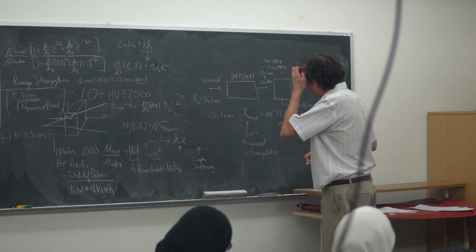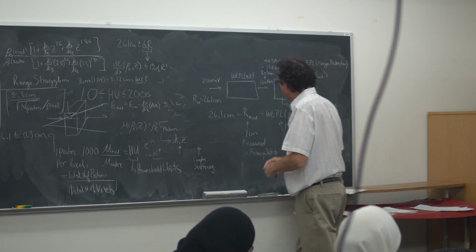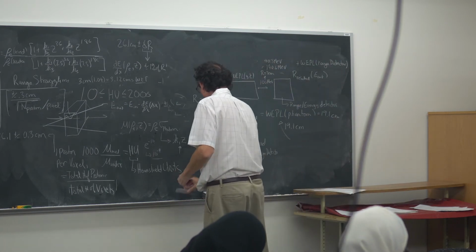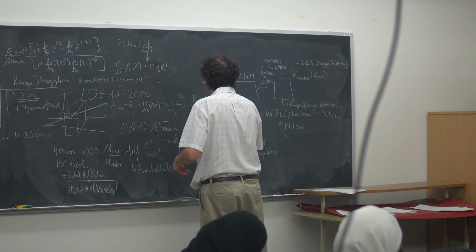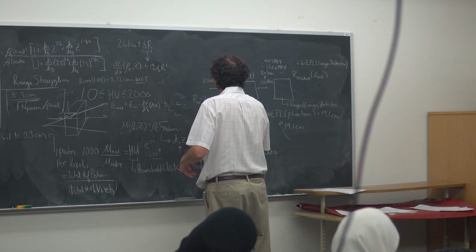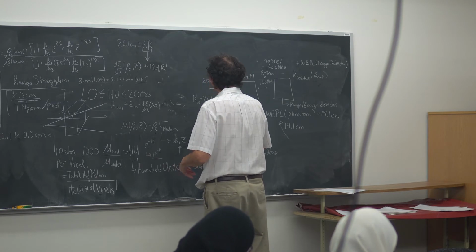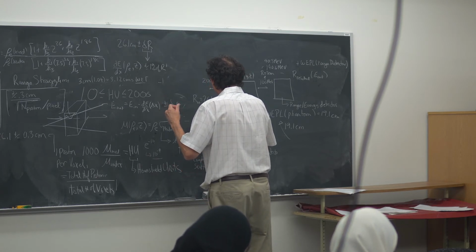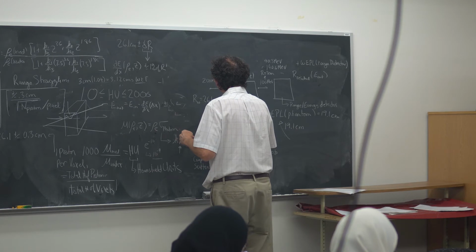Remember also that this 26.1 is 26.1 plus or minus 0.3 centimeters. It's probably less than that in MeV, but I'm going to write it anyway as the equivalent of 0.3 MeV.